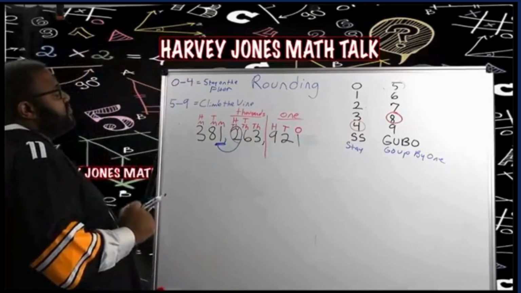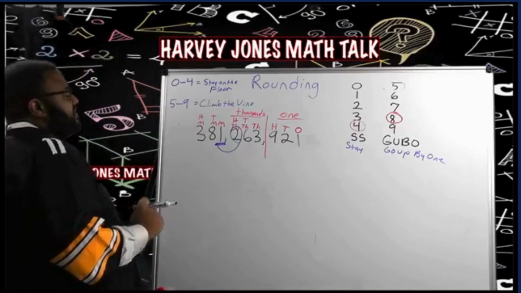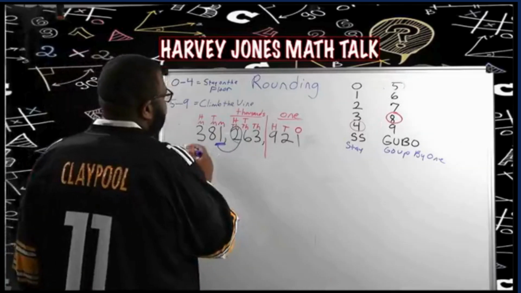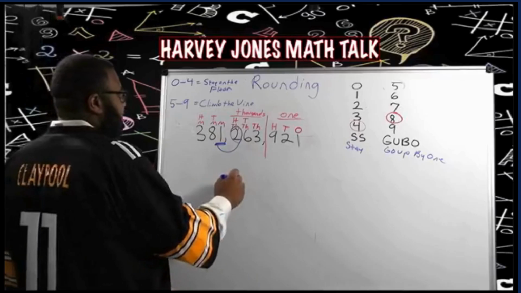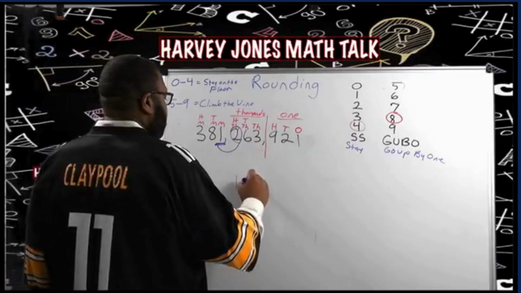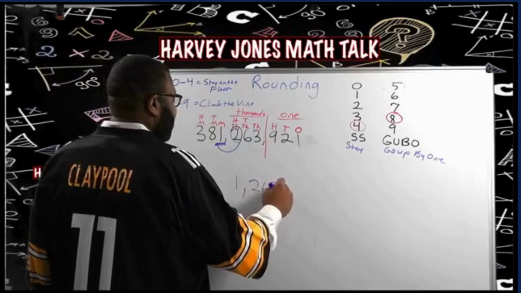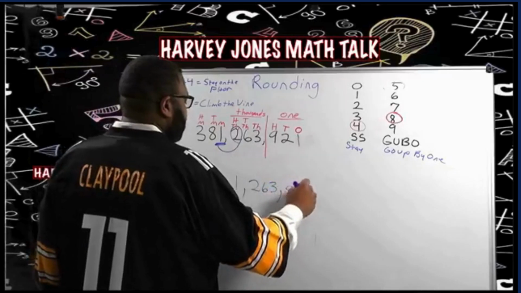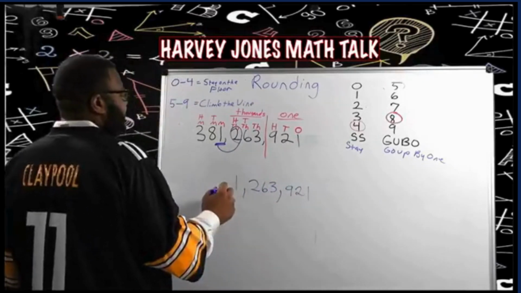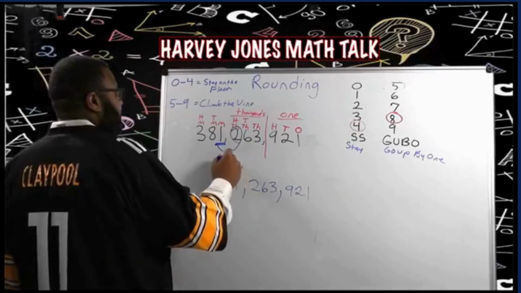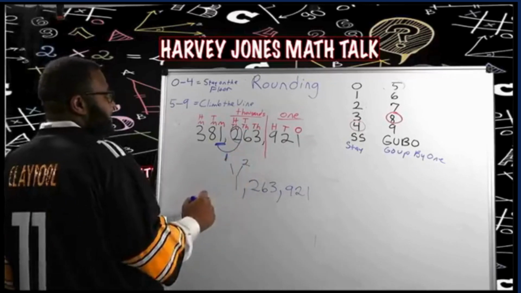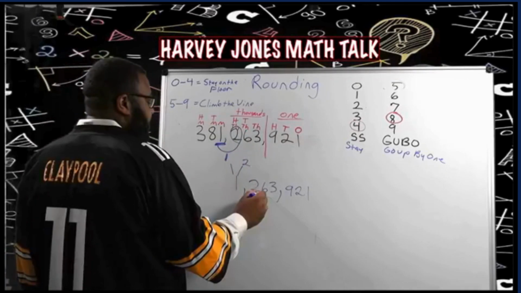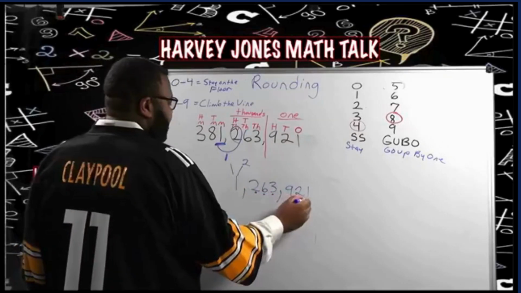There's a 2. So everything in front is going to stay the same. So I'll be right here, 1,263,921. Since it's a 1, your choice is going to be a 1 or a 2. But the key thing is how many places behind it? 1, 2, 3, 4, 5, 6.